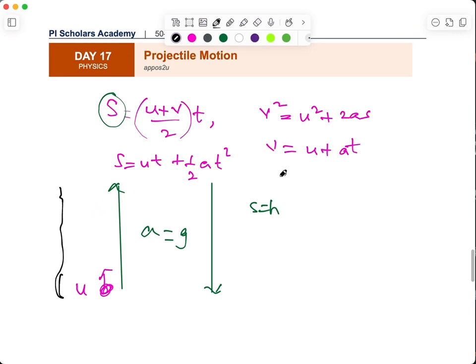By the way, an object would stop moving, if it has been projected or impressed by a force to start moving, on these 2 occasions. Number one, if it has exhausted its initial velocity, or number 2, if it hits a barrier.